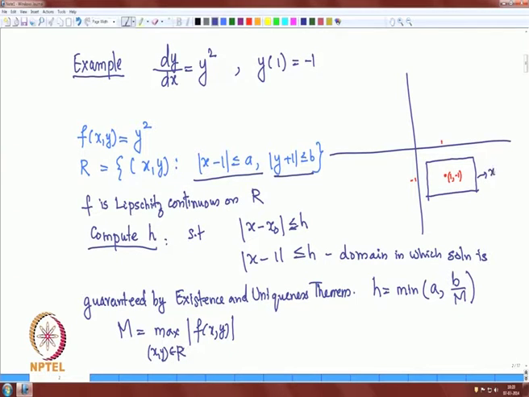This line is x equal to x0 plus h, that is 1 plus a, and this line is y equal to -1 - b, and this line is -1 + b, and this line is x equal to 1 minus a.